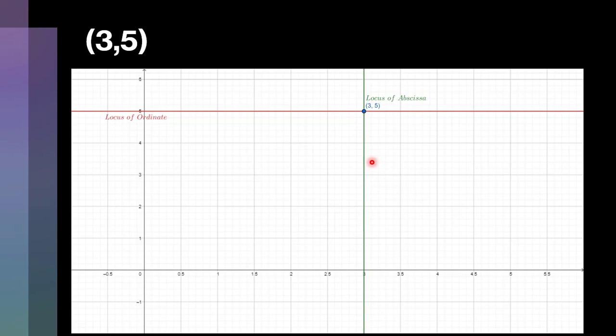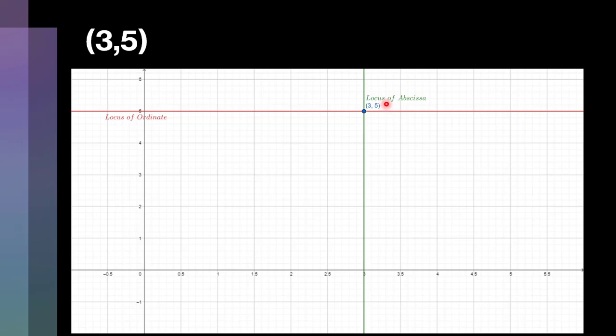Now I found that this is the whole line that is situated at a 3 unit distance from the y-axis. Similarly, another line is situated at a 5 unit distance from the x-axis, that is ordinate 5. So this is the locus of ordinate and this is the locus of abscissa. Where they intersect, that will be the point of coordinate which we are talking about.